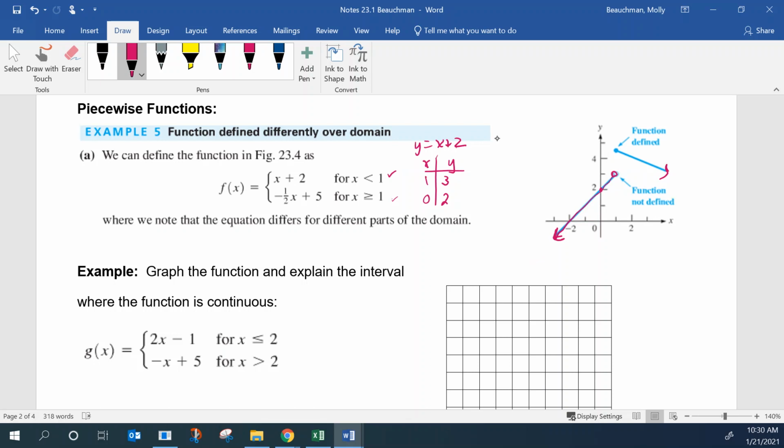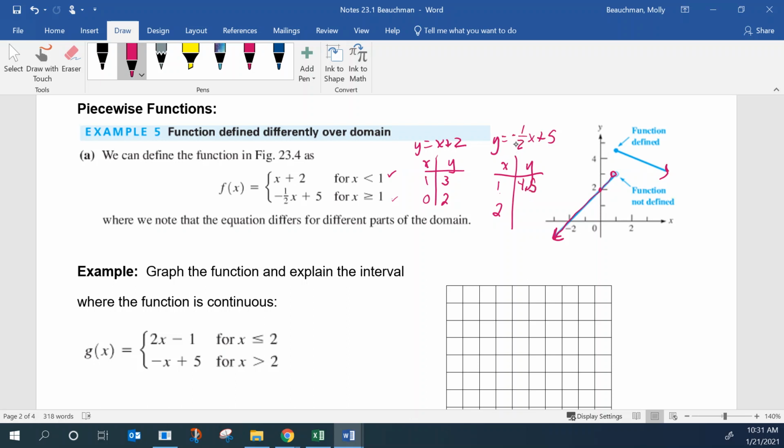The other function, -1/2 x plus 5, I'm going to do the same thing. Choose a value for x that is part of the restricted domain. We're going to put a 1. And then x is greater than or equal to 1, so pick a value bigger than 1, say 2. If we substitute 1 in the function, I get -1/2 times 1, which is -1/2 plus 5, which is 4.5.